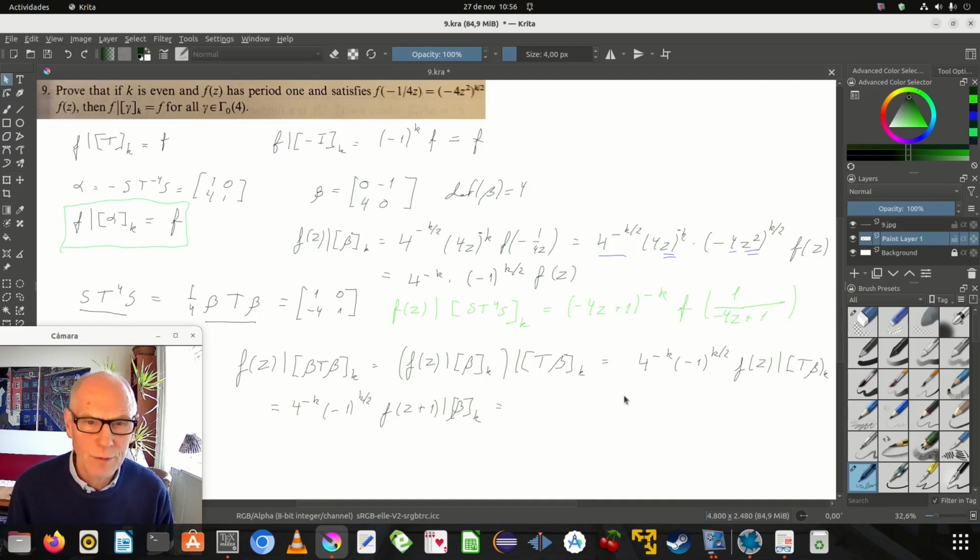So it's the same once again. And f of z plus 1, that equals f of z, of course. So we get 2 to minus 4k and minus 1 to k. Since k is even, that gives unity.